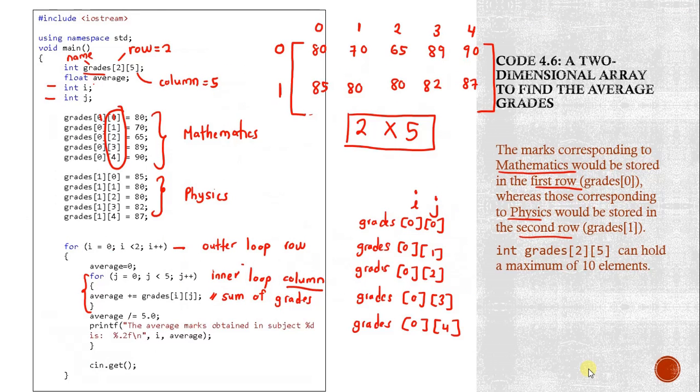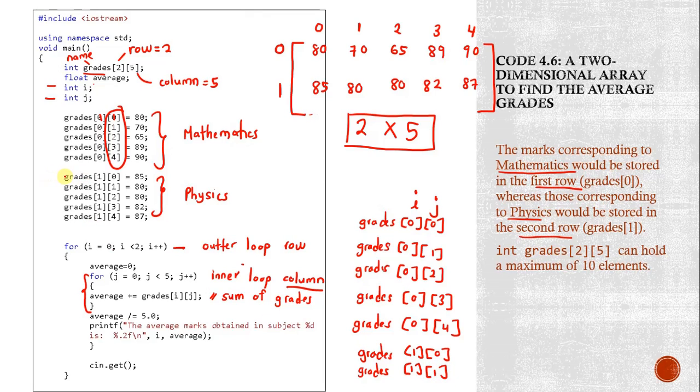Okay, so what happened here? It will add up all these things and then divide by 5. So I have obtained the average for the first subject, which is mathematics. When I is 0, you have the average for mathematics, and then since that is satisfied here, it's going to go to my next I, which is 1. And then we go to grades 1, j is 0, and so on, grades 1, j 1.